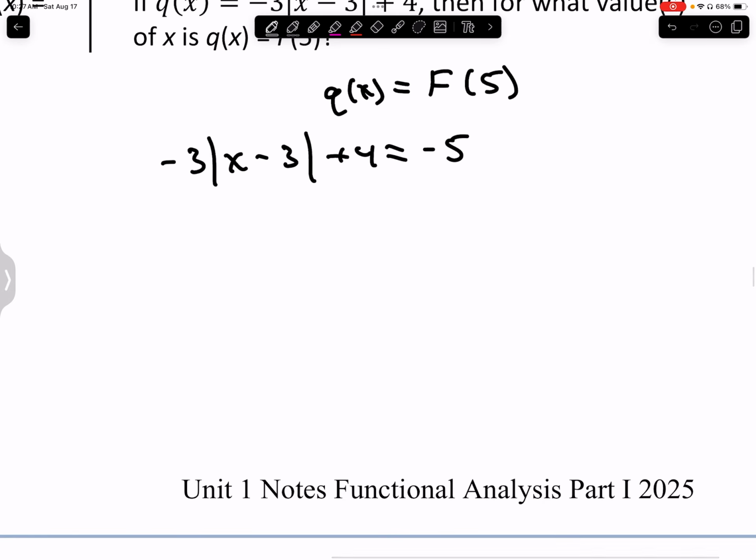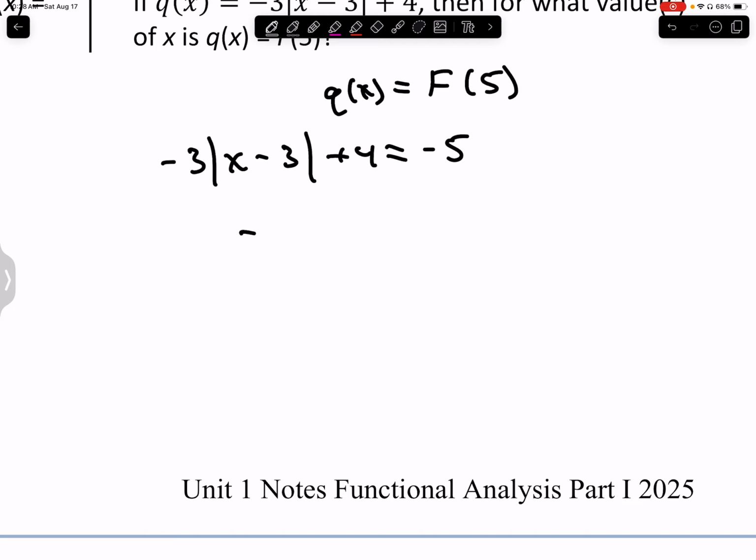Now this is a lot more complicated than the previous problem because of the absolute value. When you're solving an equation with an absolute value and your variables inside of it, you first want to focus on getting the absolute value and what's inside of it by itself. So that means I want to get rid of the +4 and the multiplying by -3.